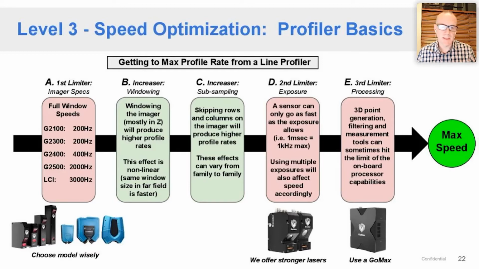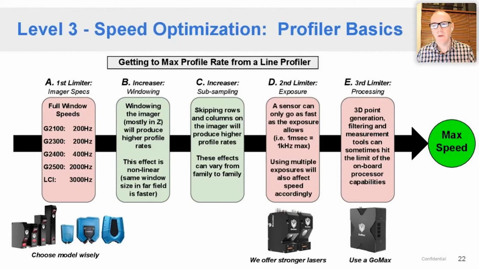I should note that this is a nonlinear type effect. Usually windowing in the far field to a certain height level is faster than in the near field because there are more pixels in the near field than there are in the far field. Then there's a way to increase it even further. With the Gocator specifically, you can actually skip rows and columns.